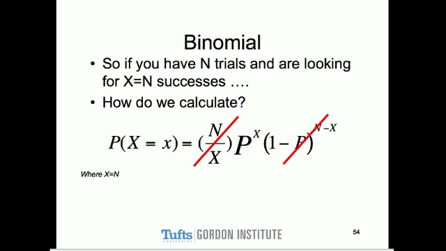This is canceled out as well, because if we have n minus 6, where x equals n, that becomes 0, and that becomes 1, okay? So all you're left with is that.